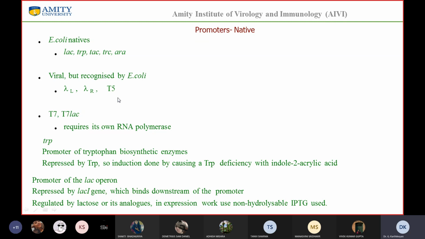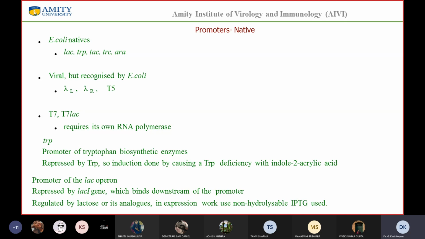Then you have another phage called T5. T5 also infects E. coli, and the promoter from T5 is recognized by E. coli. And then you have an unusual virus called T7. So you have T1, T3, T5, T7, which are called the T-odd phages.